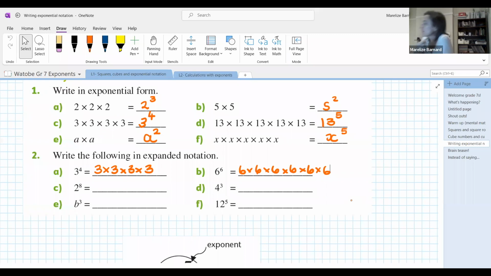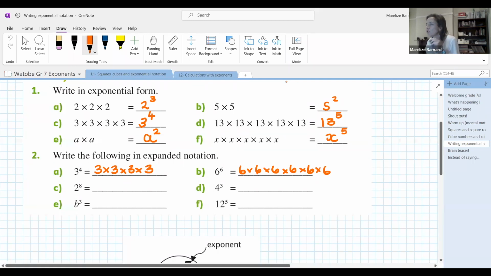Yes, so you must count the numbers. 5 times 5 is being times by itself twice, so it's 5 to the power of 2, or 5 squared. And here we had 2 times 2 times 2, that's 2 to the power of 3. But 2 is not being times by 3. That's not what the sum says. The sum says it's 2 times 2 times 2.